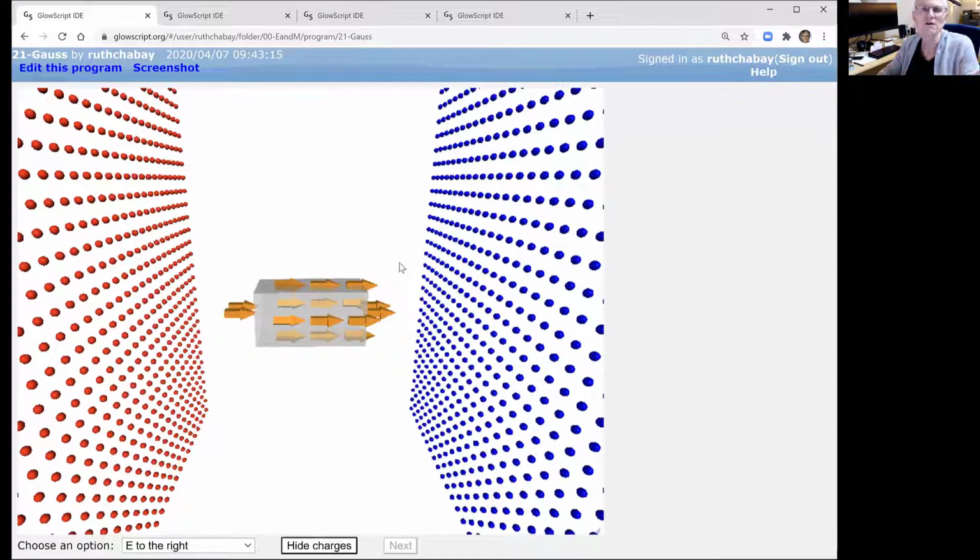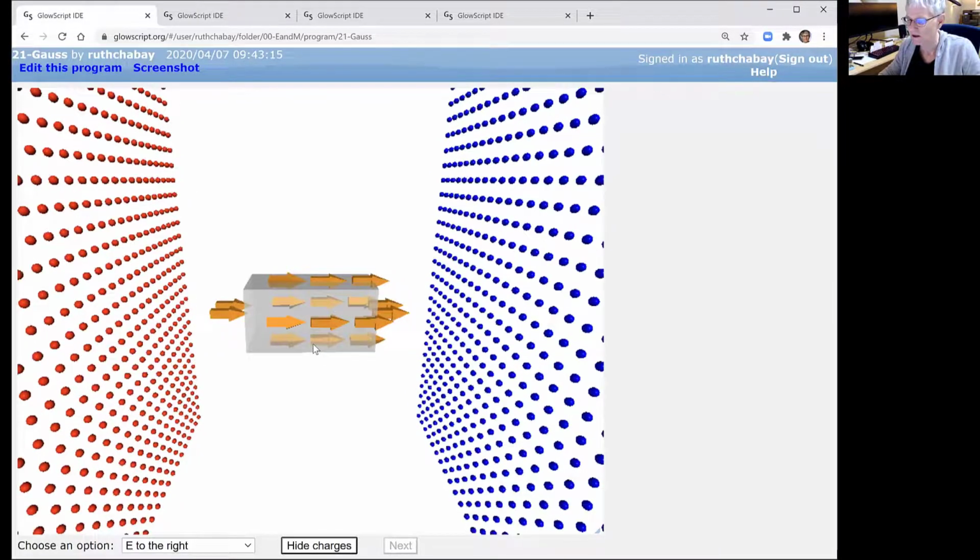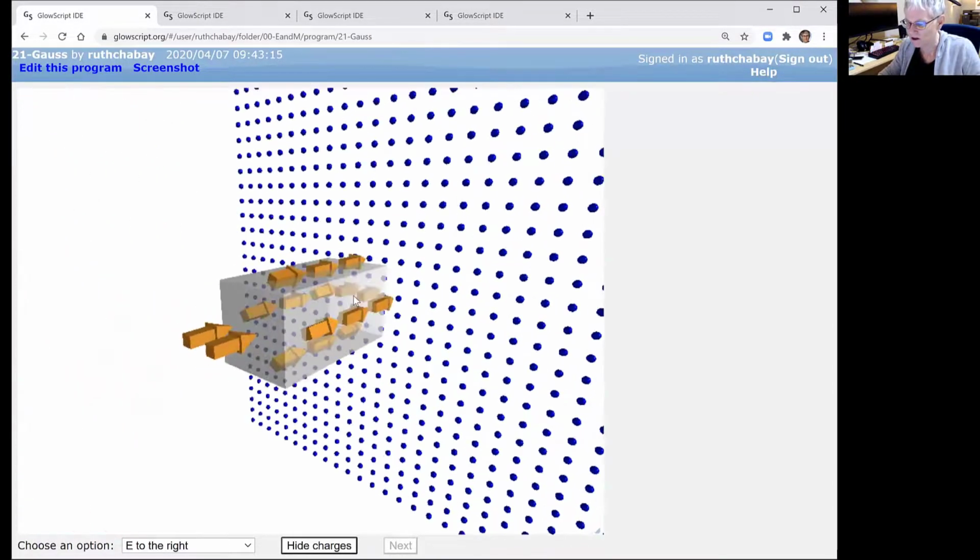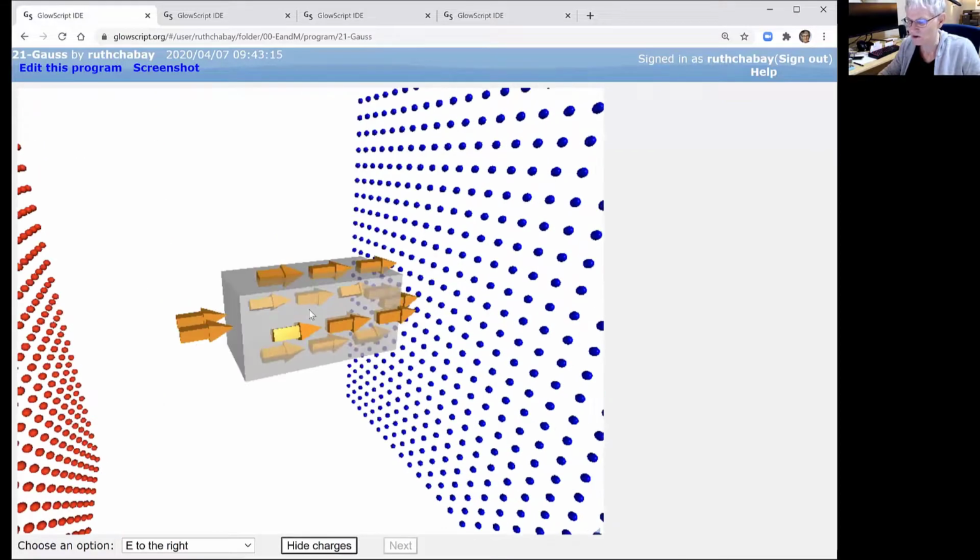So basically we're inside the capacitor near the center. Notice how nice and uniform and parallel the field is. And inside the box, the charge is 0.